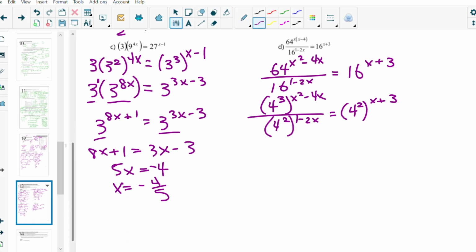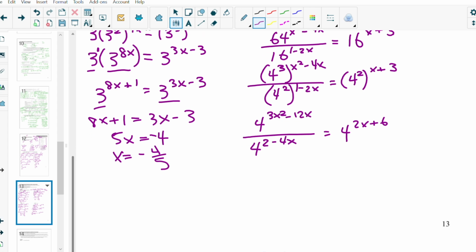Okay, and then let's use our power rule. So that's 4 to the 3x squared minus 12x divided by 4 to the 2 minus 4x. Okay, and then on the right side. Okay, let's combine the numerator and denominator.